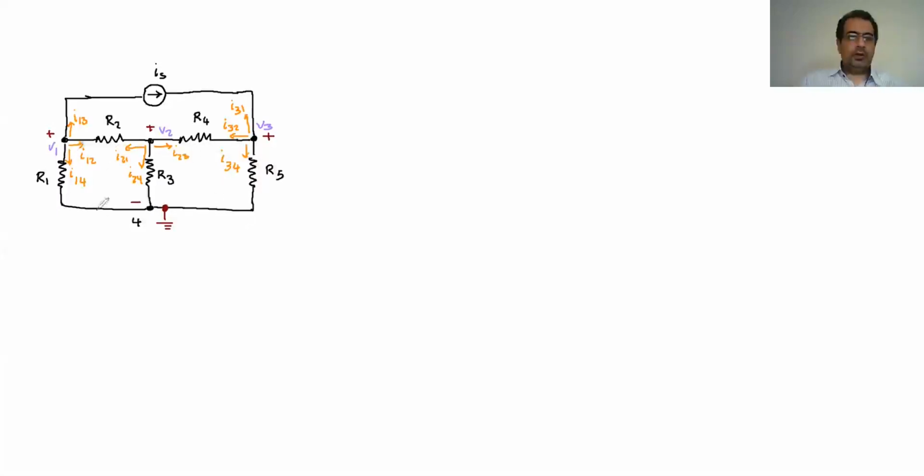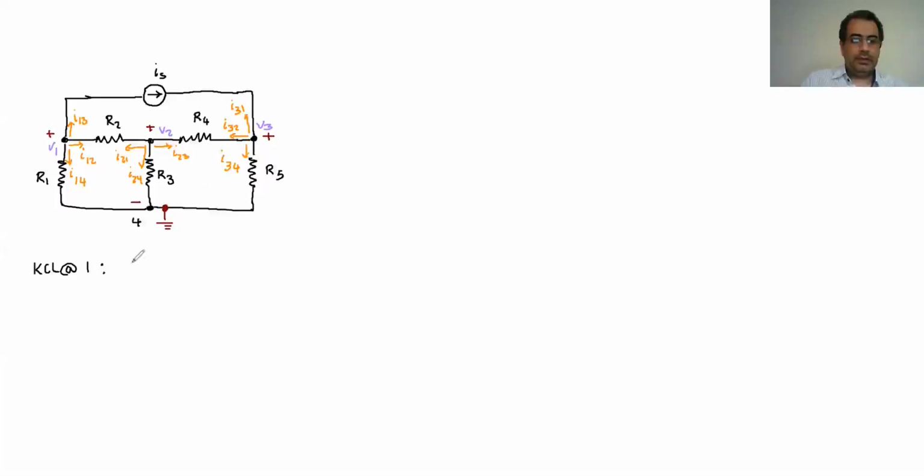After I draw all the currents leaving each node, I will start to write the KCL for each of the nodes. So I would write the KCL at node 1.